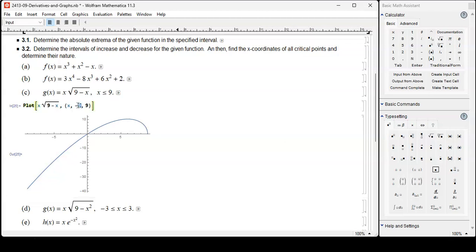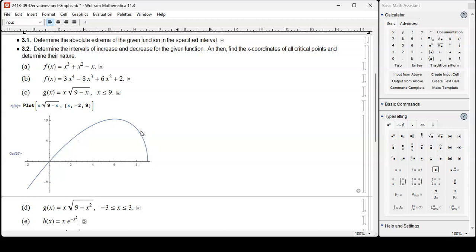It doesn't have to go all the way to negative 9. Let's say negative about 2. Okay, like this, and then I don't see anything there. Looks like the graph is increasing up to this local maximum, and then drops down to decrease. And what's this local maximum here? Looks like about x equals 6, close to it.